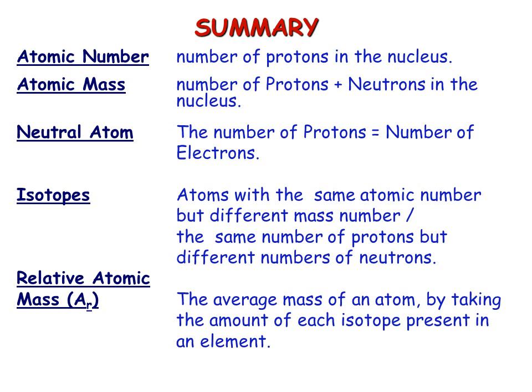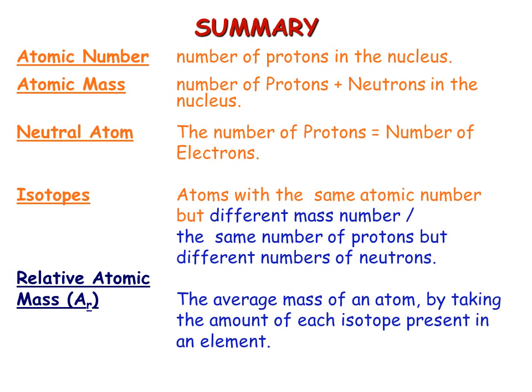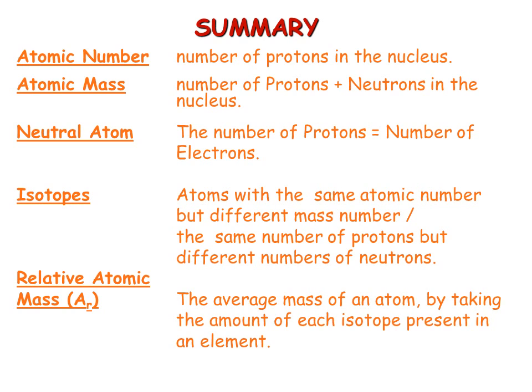So that's the end of the lesson. Let's look at the summary of what we have learned so far. Atomic number is the number of protons in the nucleus, and mass number is the number of protons plus neutrons in the nucleus. A neutral atom always has the number of protons equal to the number of electrons.